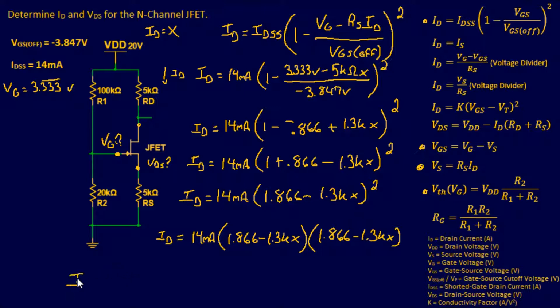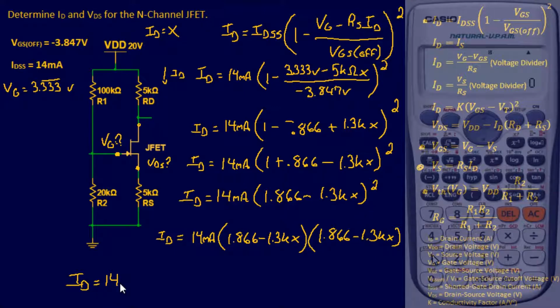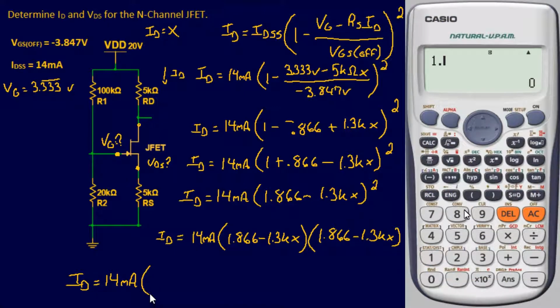We're going to say drain current equals 14 milliamps times, and I'm going to do 1.866 times 1.866, which is going to give me 3.482, and then it's going to be minus, because it's going to be 1.866 times 1.3K X. It's going to give me minus 2,426, I'll just round to 6, and that's going to be X. Do the same thing again, but I'm going to multiply the 1.3K times this side.